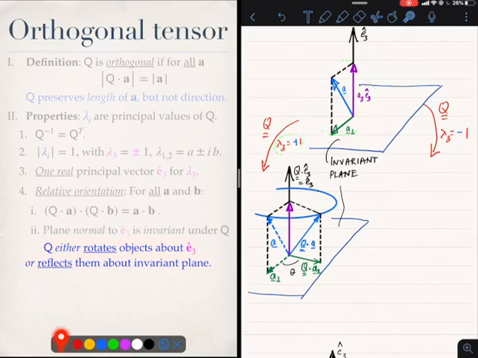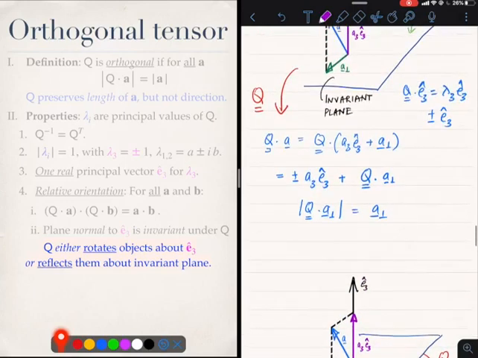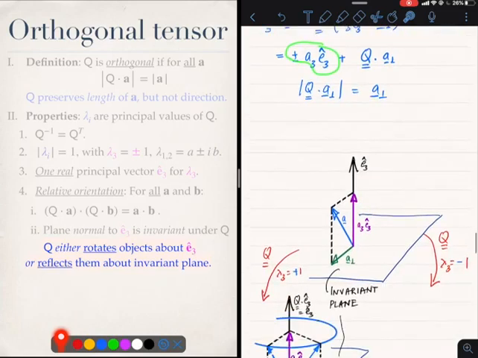When I do that, as I said, A perp simply swings over to some QA perp where the lengths are the same, and let's write this down. A3 E3 remains the same. That's what we said over here if lambda 3 is plus 1.